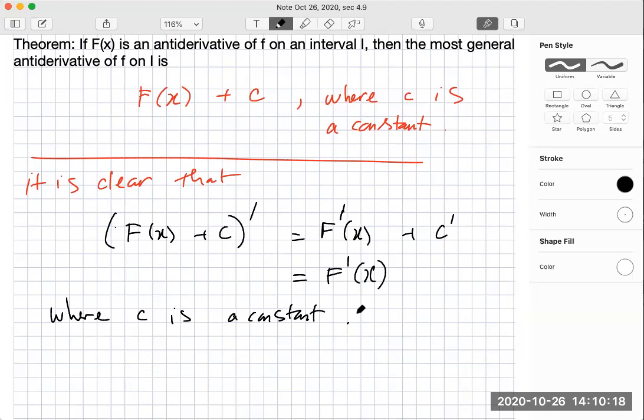So we call it the general antiderivative of a function f.